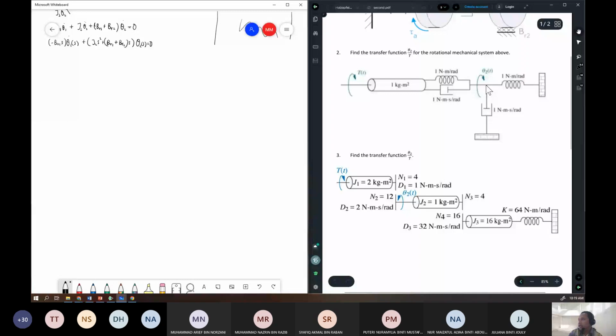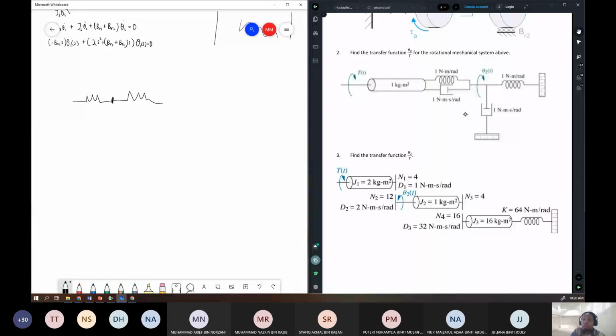This is similar to the translational mechanical system in last week's tutorial, where I showed that when there's a connection between, let's say, two springs in series, the point in between them has a degree of freedom.